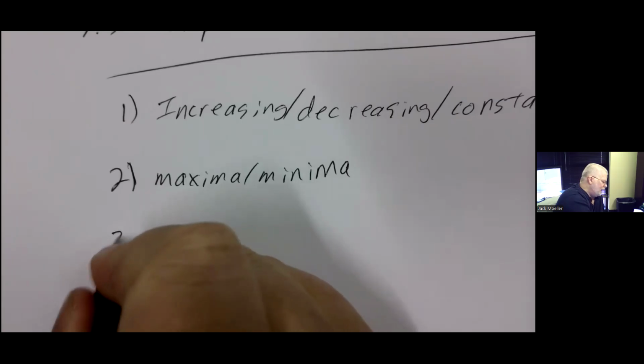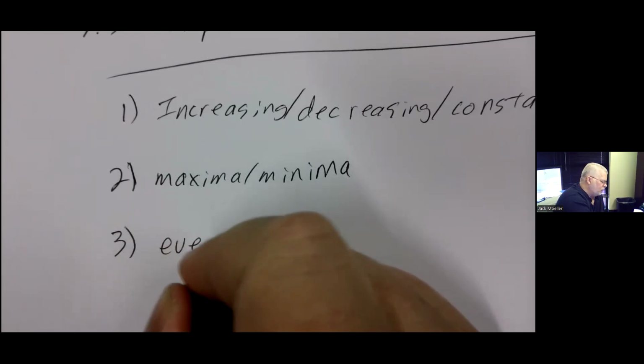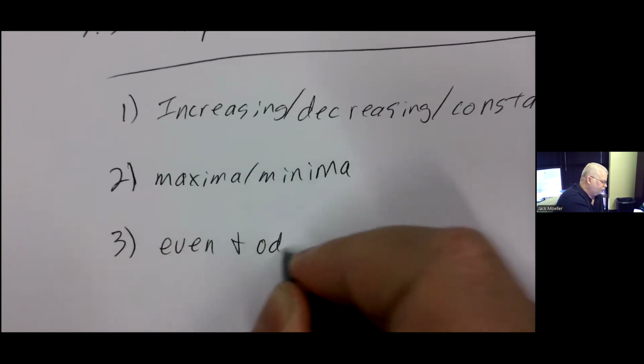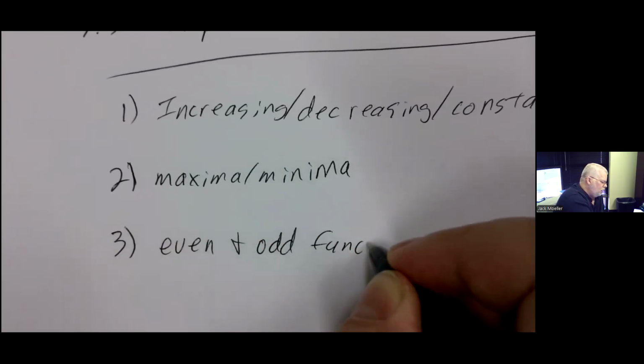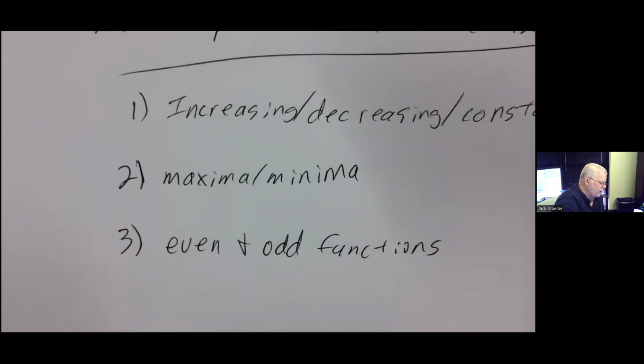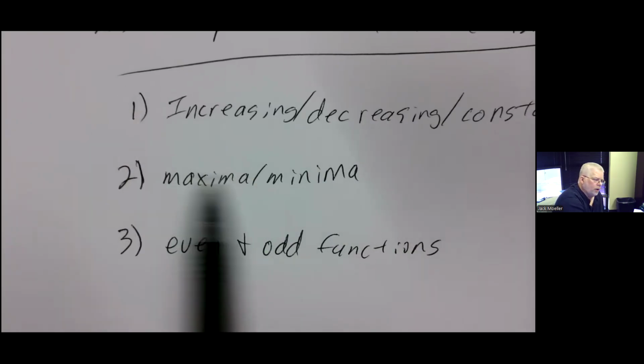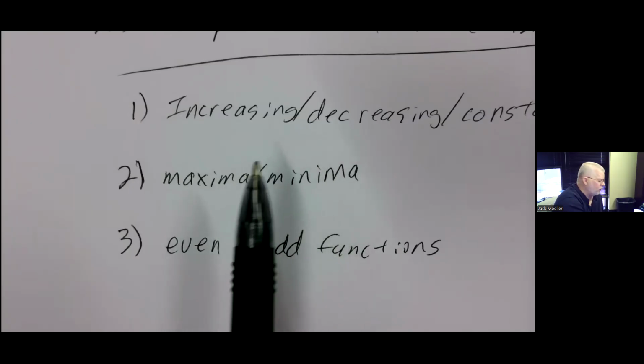And then the last thing, not quite as obvious, is even and odd functions. This is something we're going to talk about both graphically and algebraically. To me, the increasing, decreasing, and the max and mins are the more natural topics, particularly for our class.